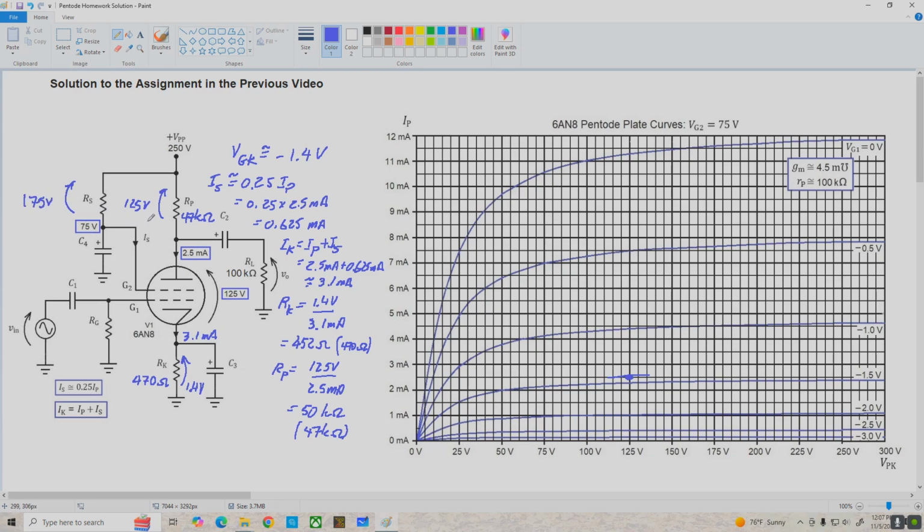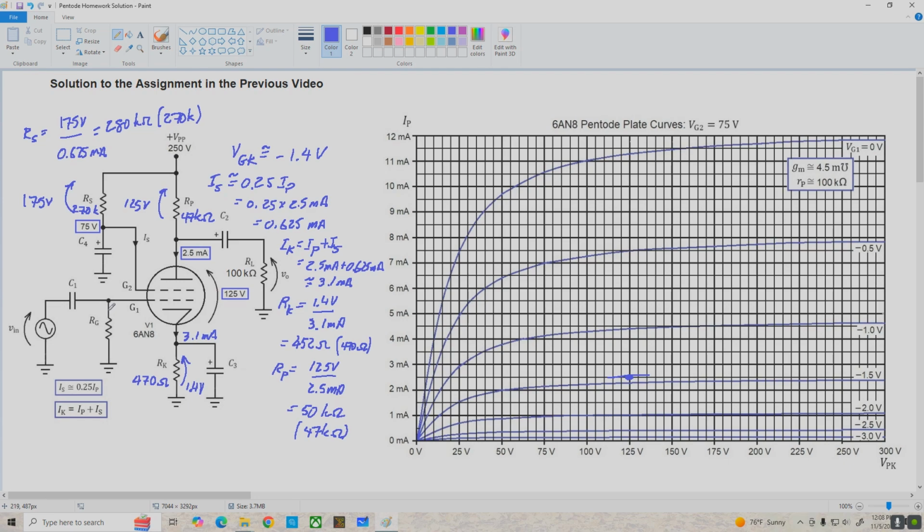We know our screen grid current is 0.625 milliamps, so R sub S is equal to 175 volts divided by 0.625 milliamps, and that works out to be 280 k ohms. And again, we have a pretty close standard value of 270 k, so that's what we're going to go with. We'll set RS to 270 k, and we're just about there.